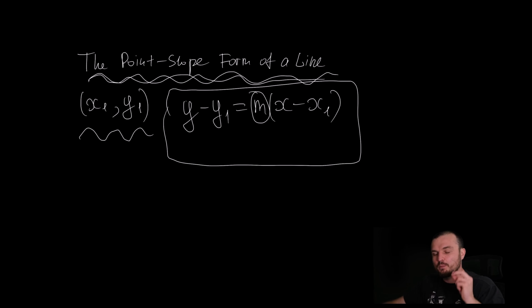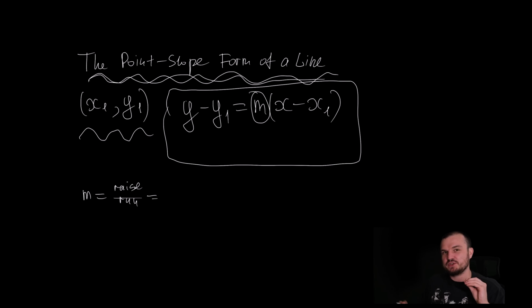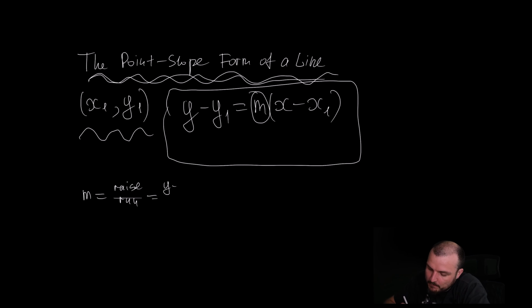The slope m we can define as rise over run, or changes in the vertical direction, y minus y1, over changes in the horizontal direction, x minus x1.